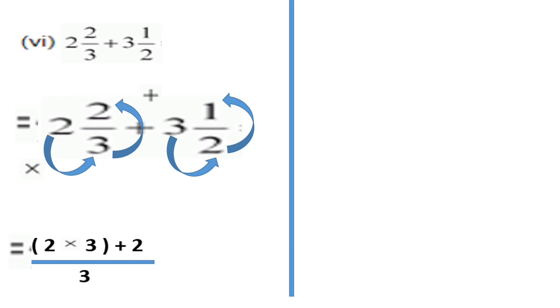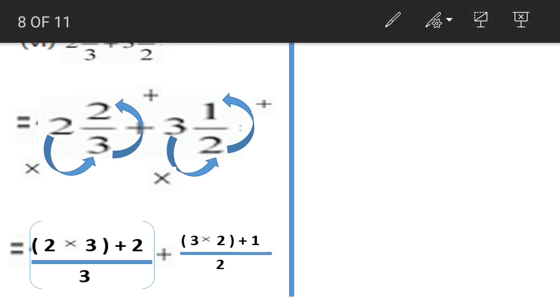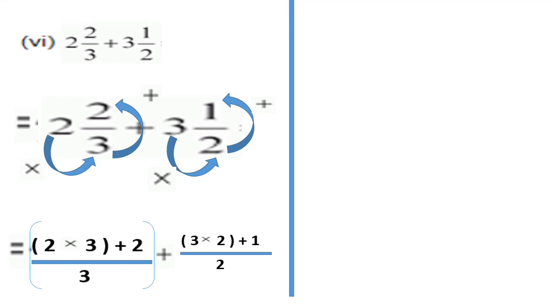Next, the symbol is plus, right? Write plus here. The same thing you have to do for this mixed fraction also, 3 and 1 by 2. First you have to multiply 3 into 2, then add 1, right? So you can write like this, 3 into 2 plus 1 by 2.